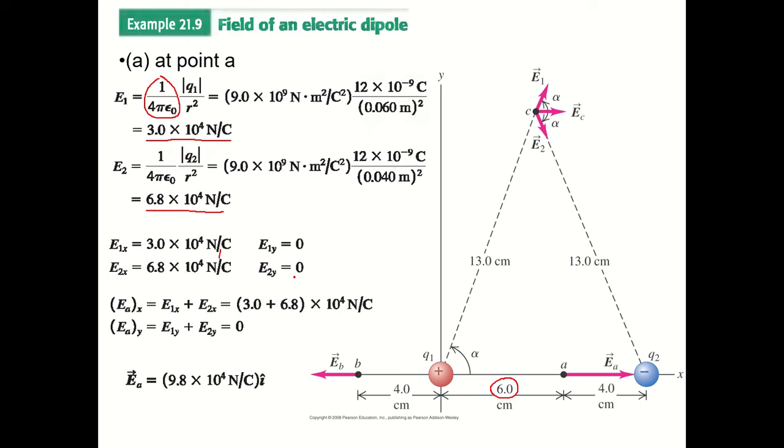Now to get the resultant of the electric field at point A, you just sum up.